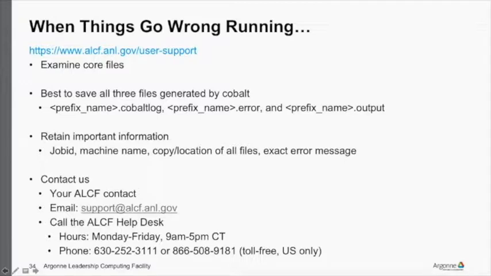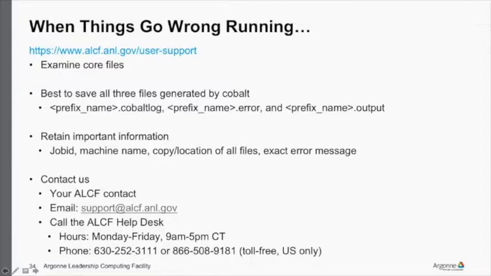And then finally, when things go wrong, we do encourage you to examine core files. It is best to save all three files that are generated by Cobalt: the Cobalt log, the output, and the error. There is a lot of useful information in there that can help understand what happened for your particular job. Try to retain the important information: the job ID, the machine name, the copy and location of files, and what the exact error message was.